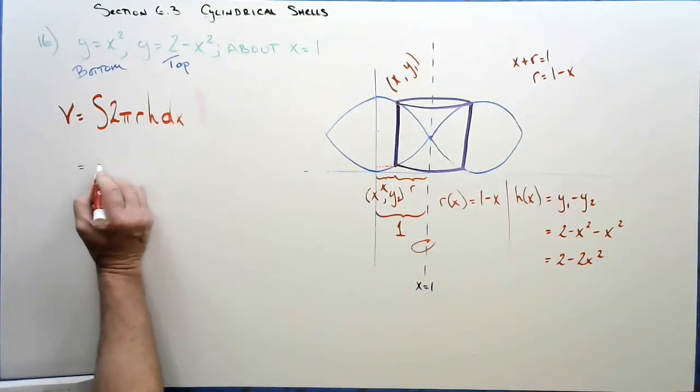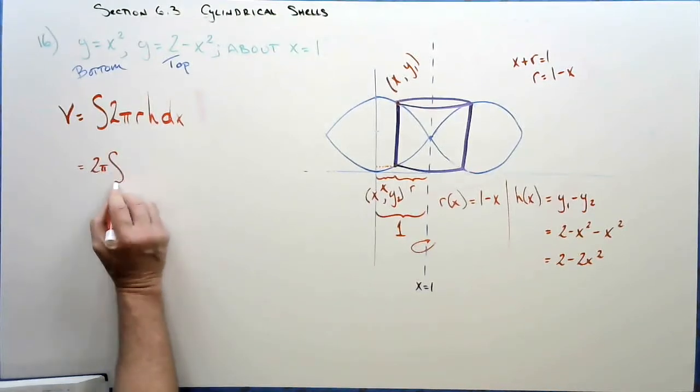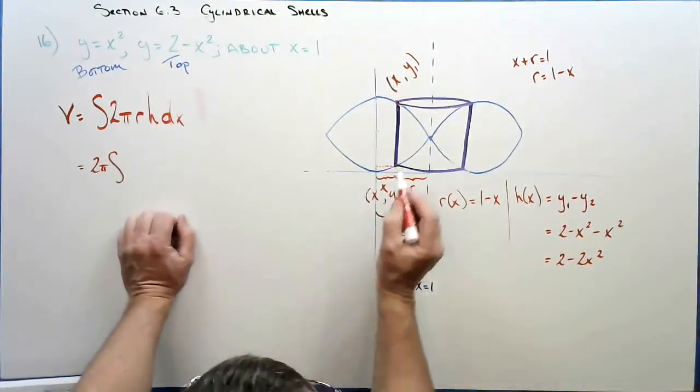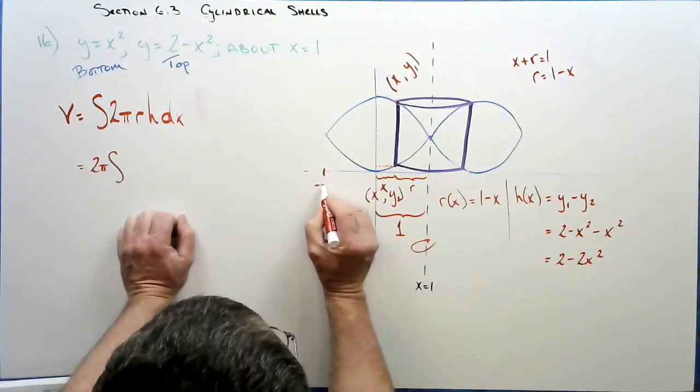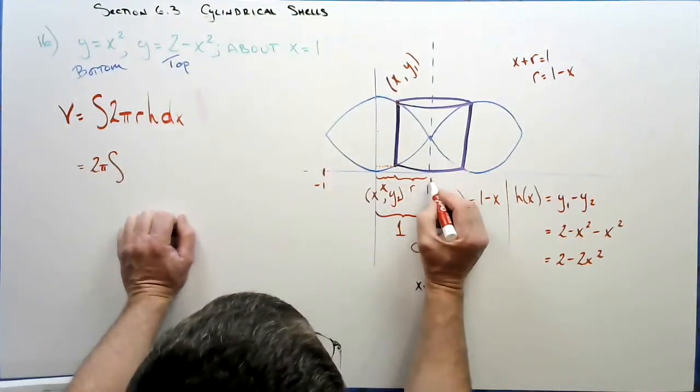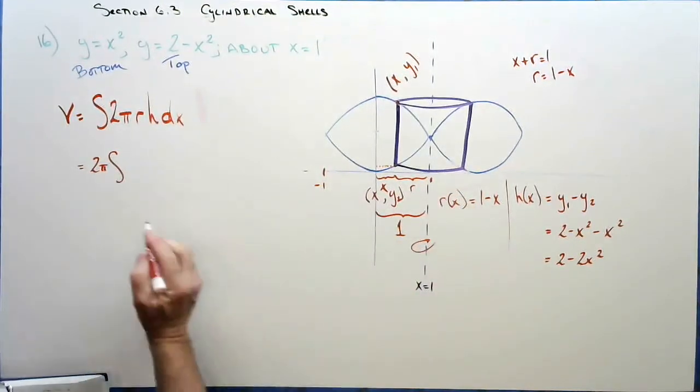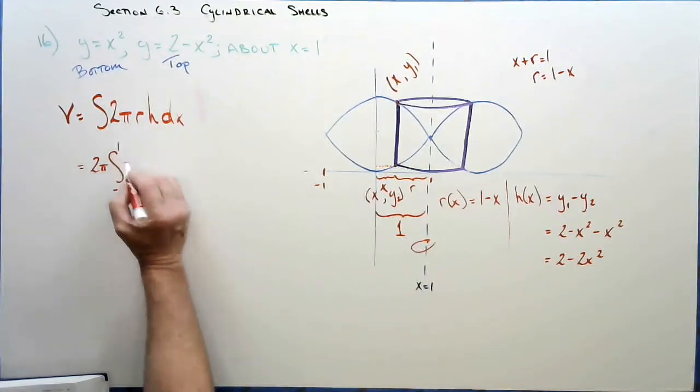Our volume is going to equal 2 pi. We'll put our constant out in front. Now we're integrating, right? This is our shape. This point of intersection is -1. This point of intersection is 1. So we're integrating from -1 to 1.